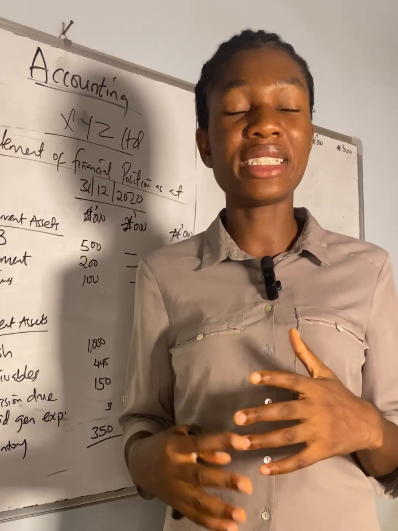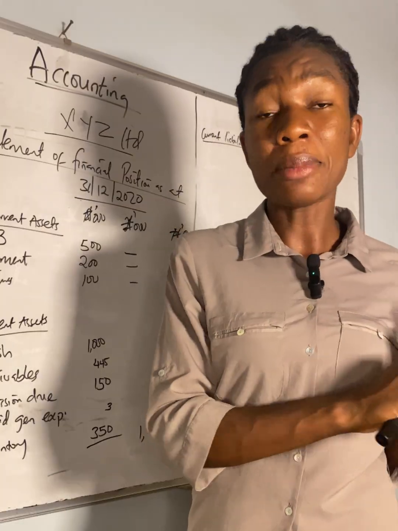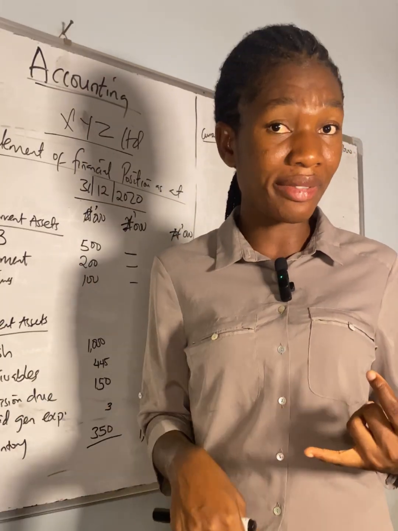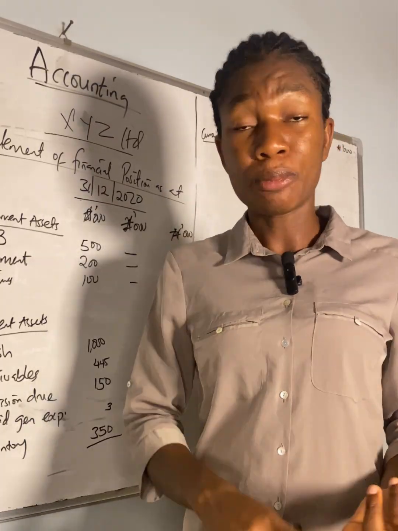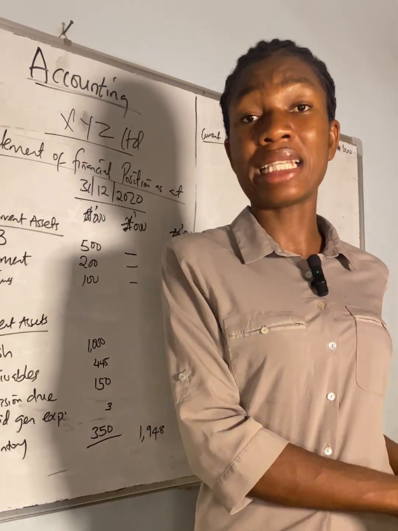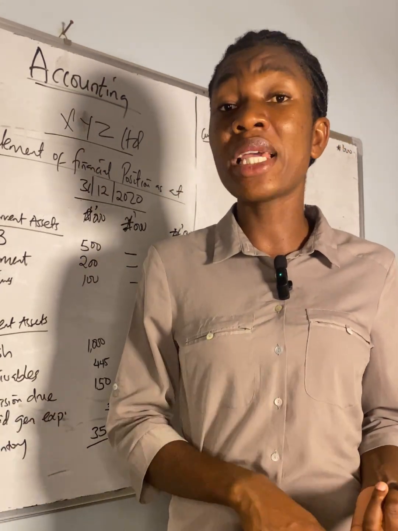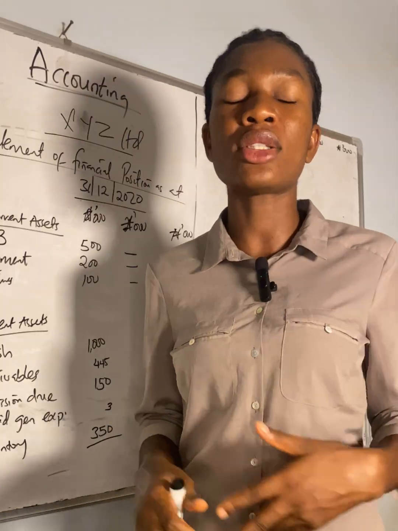So don't forget it. It's just a bit confusing. On the liability side, you have prepaid income and accrued expenses. When you come to your asset side, you have prepaid expenses and accrued income as your assets.